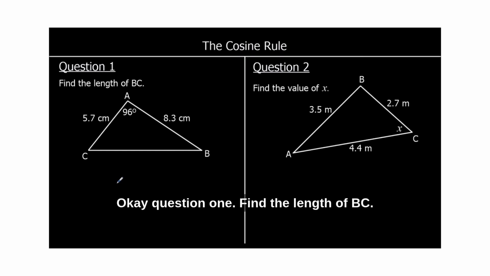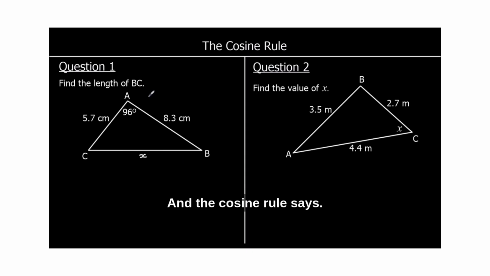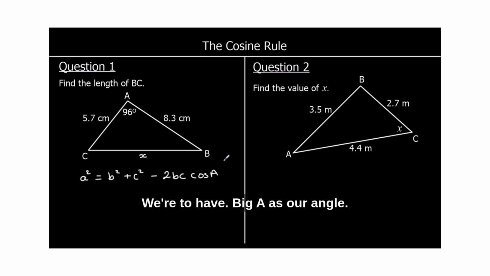Okay, question 1, find the length of BC. So we're finding this length. We know 2 lengths and the angle between them, so we can use the cosine rule, and the cosine rule says to find a length we want a squared equals b squared plus c squared minus 2bc cos A. We're going to have big A as our angle.